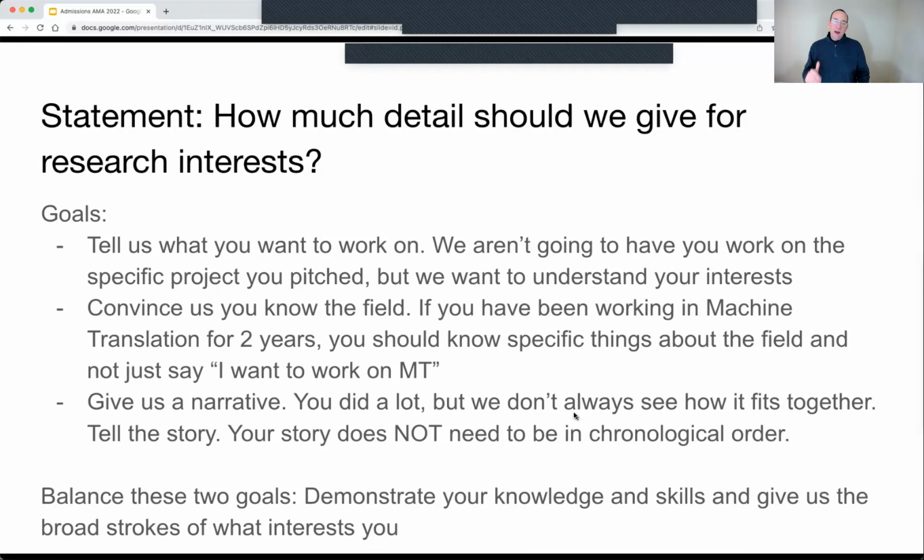If there is another way to explain your interests and what you've done, maybe a thematic breakdown or how it shaped their thinking, you can do that. That's totally fine. But you want to help us tie all this together so we get a nice complete picture of you as the applicant. So you want to balance these goals. You want to demonstrate your knowledge and skills and give us the broad strokes of what interests you.